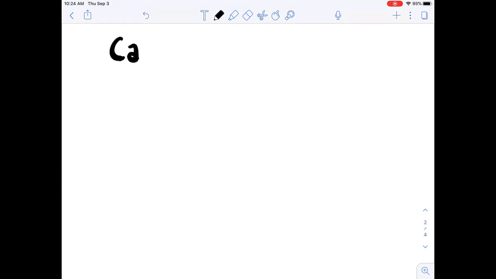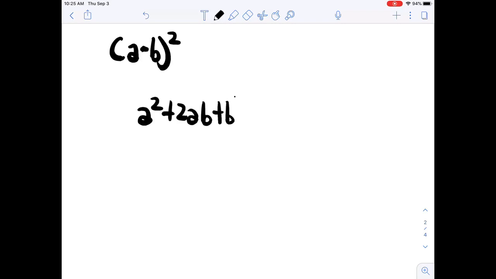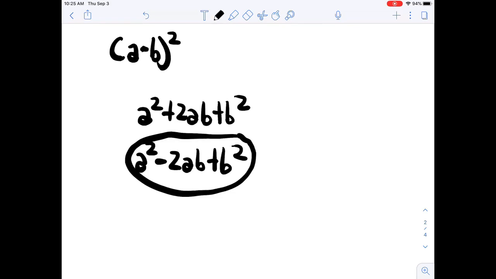Now this one's going to look a little different. We have (a - b) to the power of 2. So not a plus b, but a minus b. In this case, if we were to go ahead and do the expanding and multiplying, everything would end up the same except for the middle term, 2ab. Instead of looking like a squared plus 2ab plus b squared, it would look like a squared minus 2ab plus b squared.